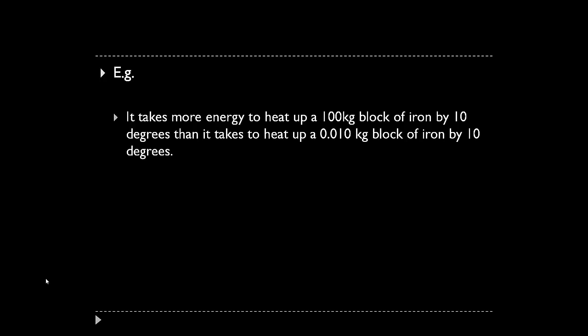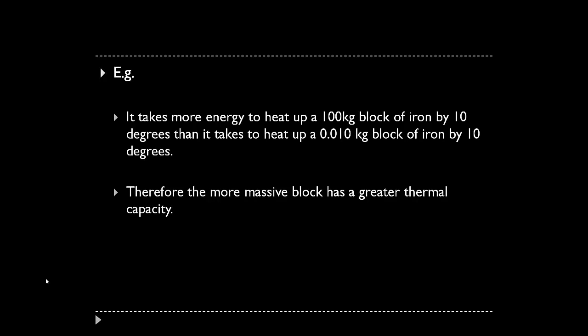So, for example, it takes more energy to heat up a 100 kilogram block of iron by 10 degrees than it takes to heat up a 0.01 kilogram block of iron by 10 degrees. And so we can say that the more massive block has a greater thermal capacity.